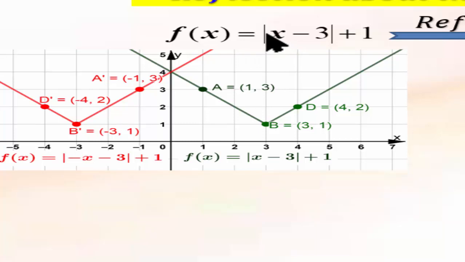X here is positive, here is negative, and at all points the sign of x changes. (1,3) becomes (-1,3), (3,1) becomes (-3,1), and (4,2) becomes (-4,2).